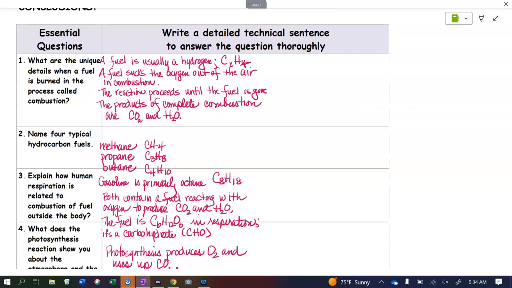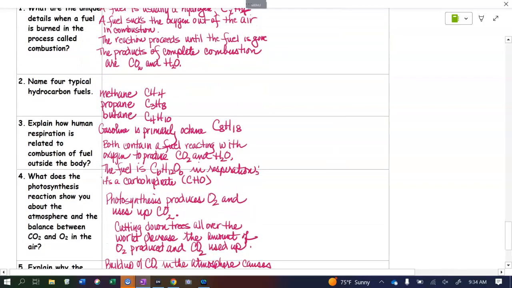So remember, to put out a fire you either have to put a lid on the pan to keep the air out, or you have to remove all the combustible materials, which is what they do in forest fires. You know how they burn everything ahead of a fire, to get rid of what's combustible to slow down the fire. Typical hydrocarbon fuels are methane, propane, and butane, as well as gasoline.